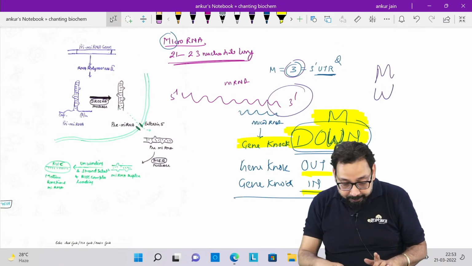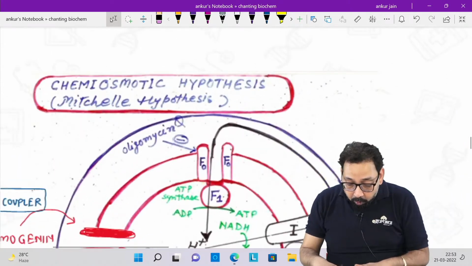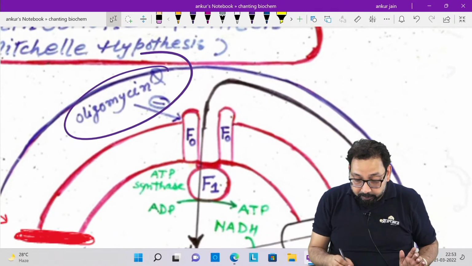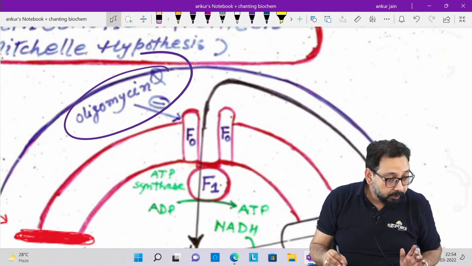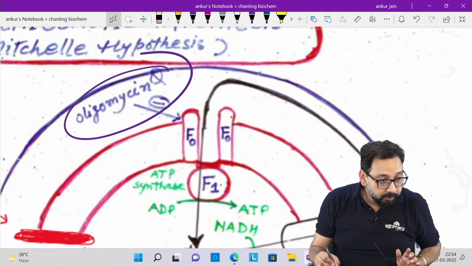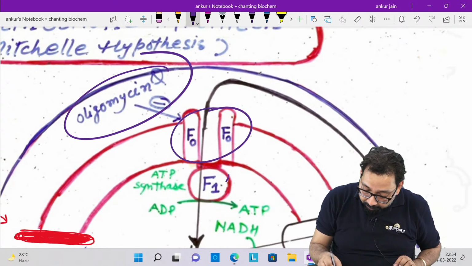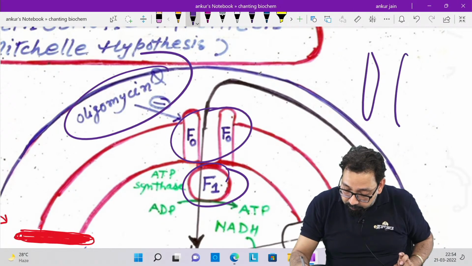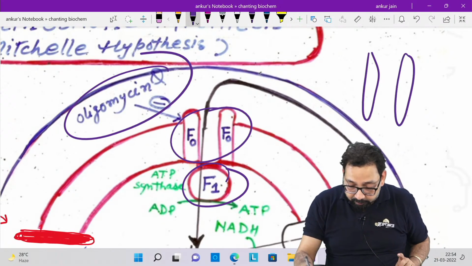Okay, oligomycin. Oligomycin inhibits which portion, F0 or F1? F0. F0 is the H ion channel.